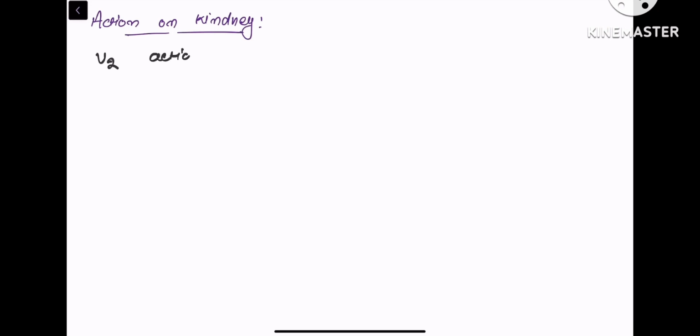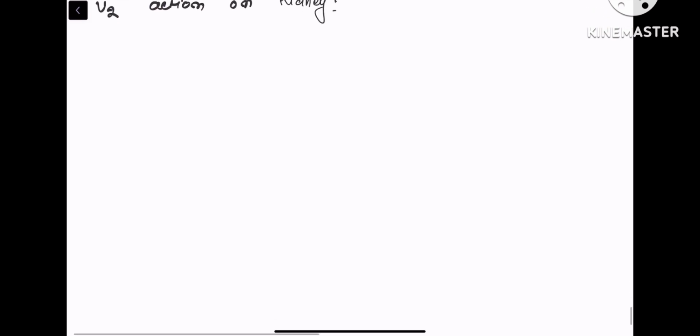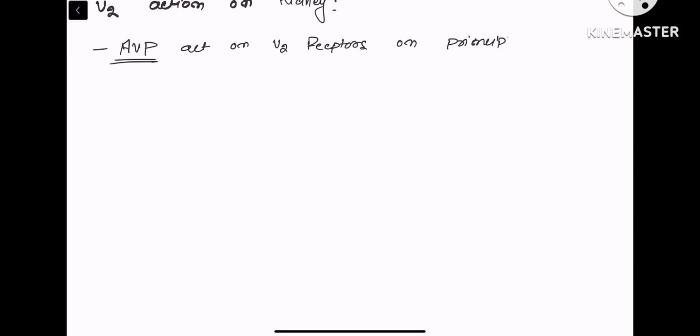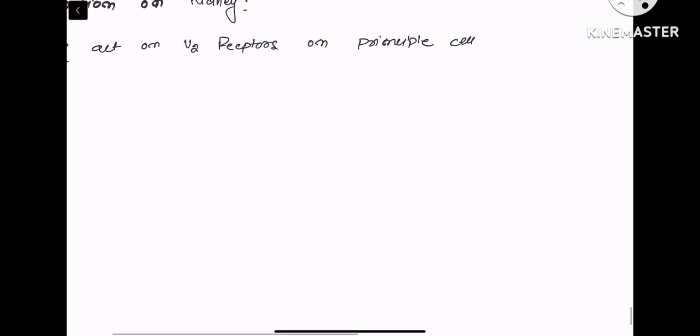AVP acts on the V2 receptor on the principal cells of the collecting duct cells.